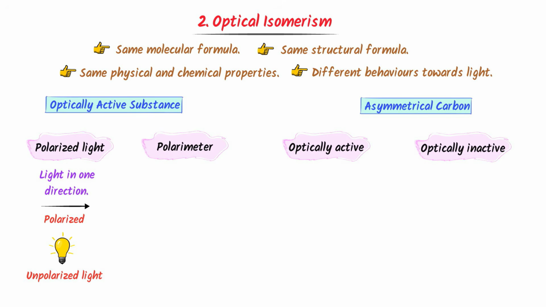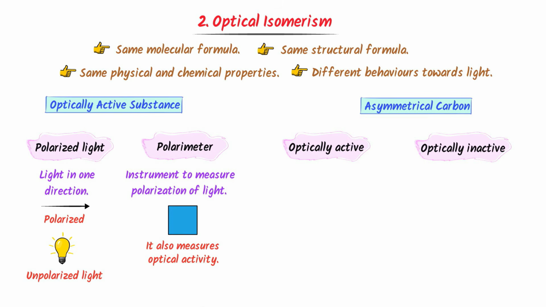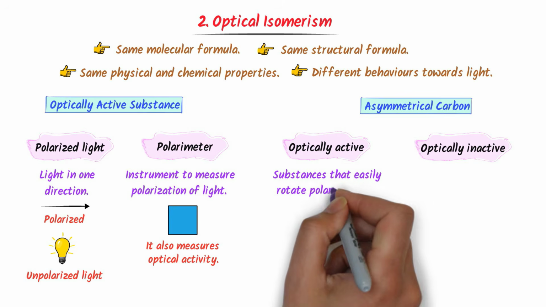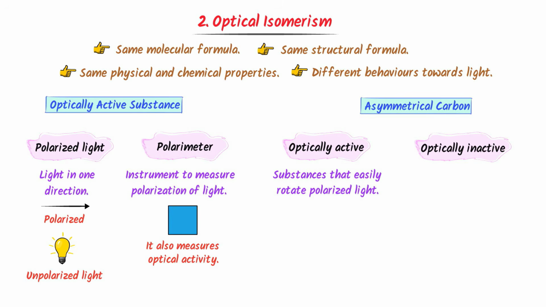Secondly, a polarimeter is an instrument which is used to measure the polarization of light and the optical activity of a compound. Thirdly, the substances which can easily rotate polarized light are called optically active substances. For example, consider glucose. It is an optically active compound because it can easily rotate polarized light.